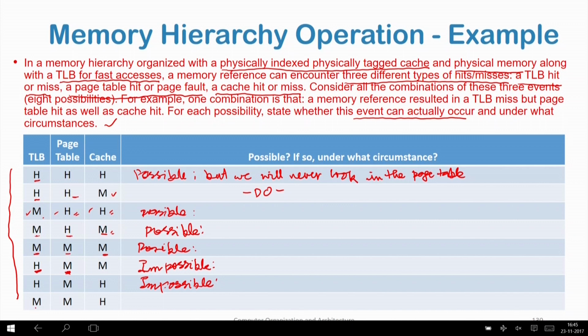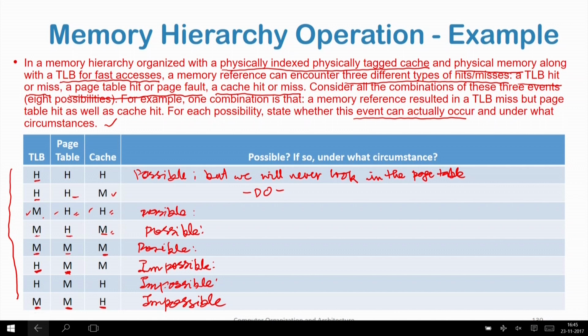I have a miss in the TLB, I have a miss in the page table, but I have a hit in the cache. Is this possible? This is also impossible. Why? Because I have a miss in the TLB, fine. Therefore, I have a miss in the page table. This part is fine.